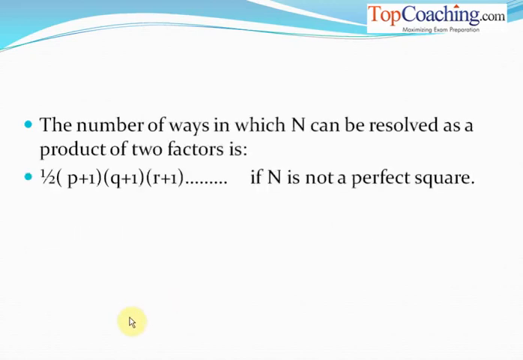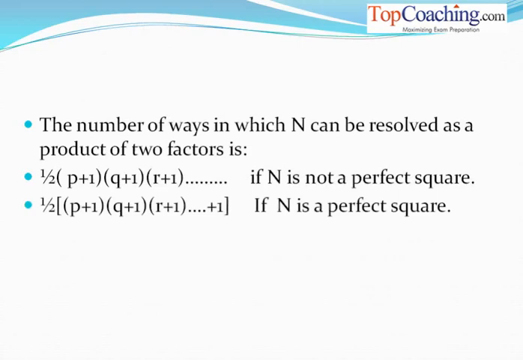Now the number of ways in which n can be resolved as a product of two factors. What we are trying to do is resolve n as a product of two factors. So that is equal to half into (p plus 1) into (q plus 1) into (r plus 1) and so on if n is not a perfect square, and is equal to half into ((p plus 1) into (q plus 1) into (r plus 1) and so on plus 1) if n is a perfect square.